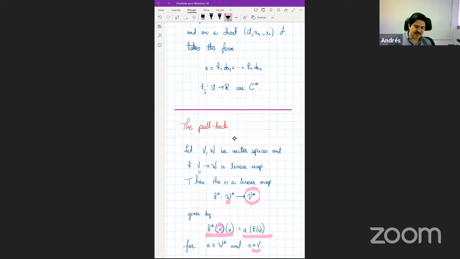V is here, I push it to W by F, and alpha lies here, so it makes sense to evaluate. Okay? Is the definition of this map clear for you?